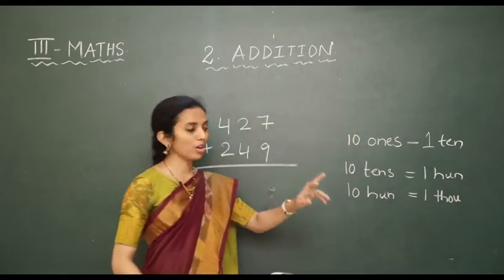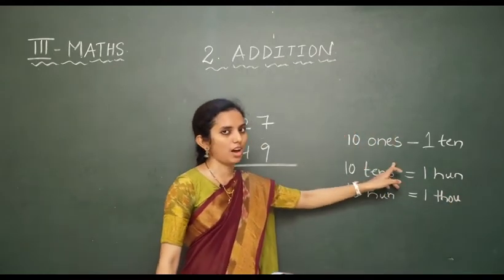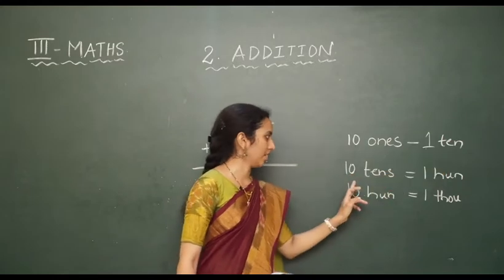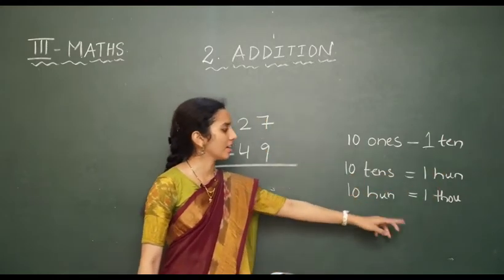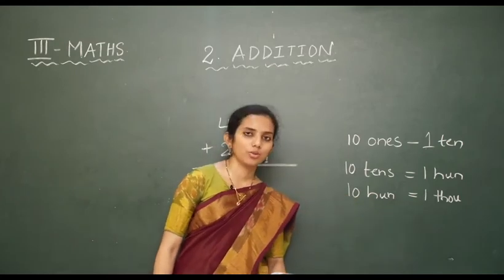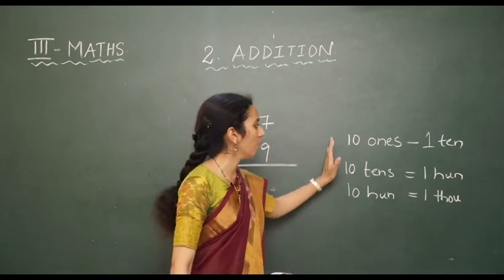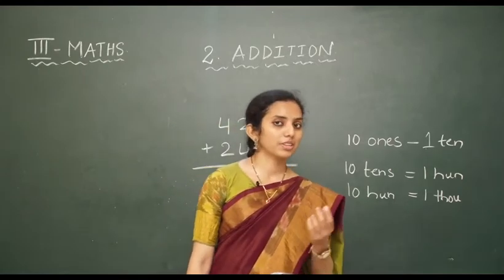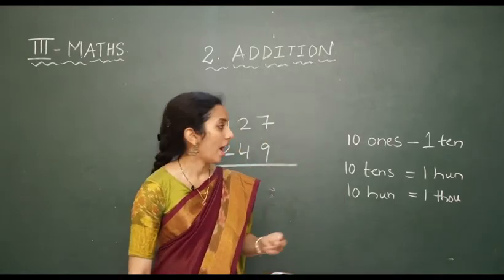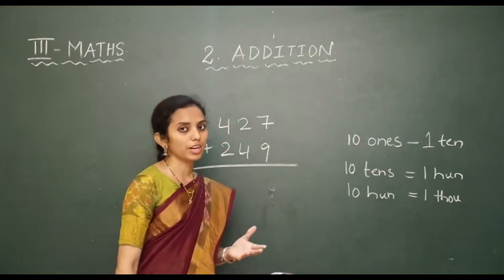Yes, you all know that 10 ones are 1 ten and 10 tens are 100 and 10 hundreds are 1000. So this is how we have learned in our earlier classes how we have to represent on a place value chart and how we can regroup the numbers.